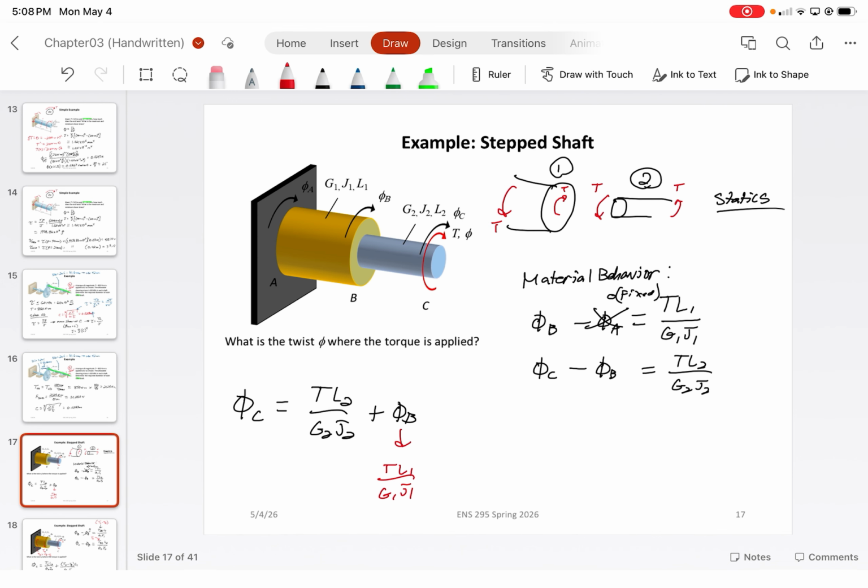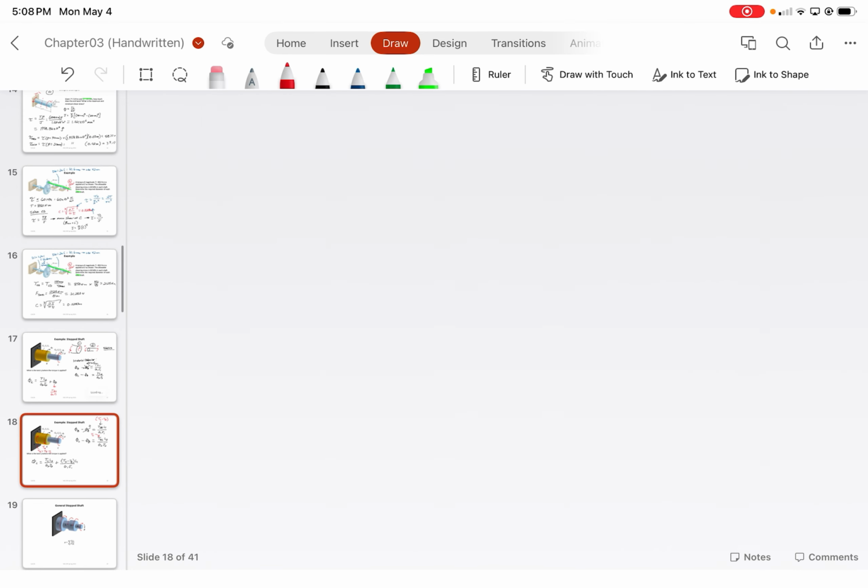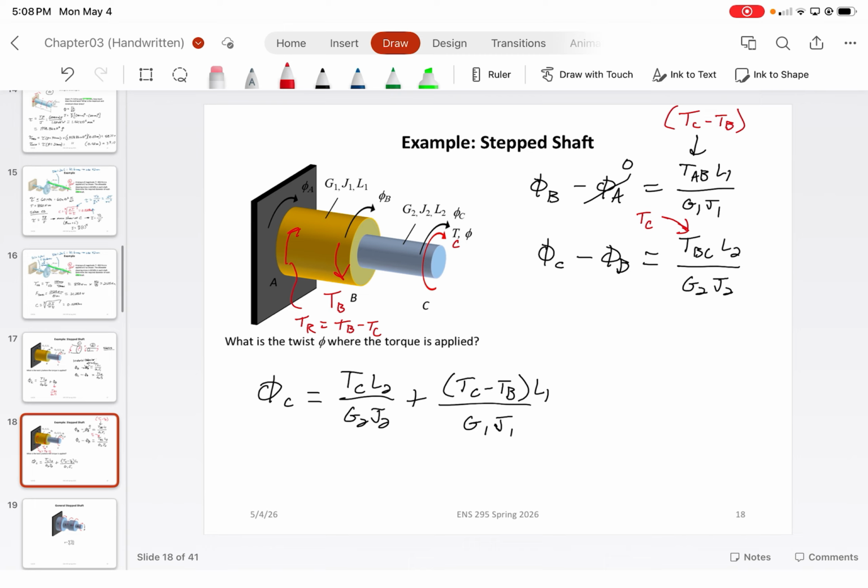All right. From there, we did a few examples showing how to design with such equations and also how to calculate the angle of twist for stepped shafts, which we learned was basically a very similar principle to when we were dealing with axial elongation and compression. Just in this case, it's a little harder to keep track of which direction the shafts tend to rotate.